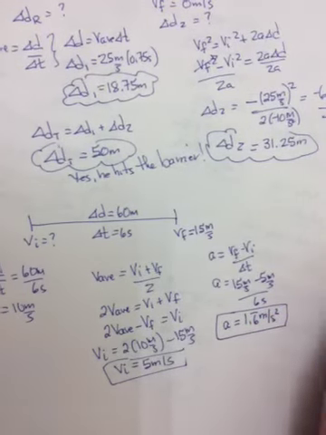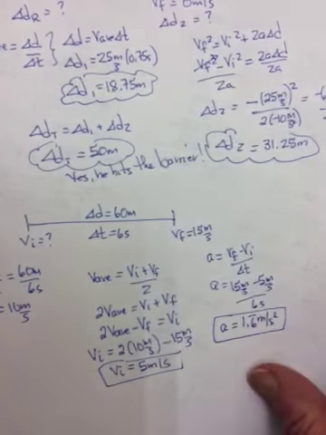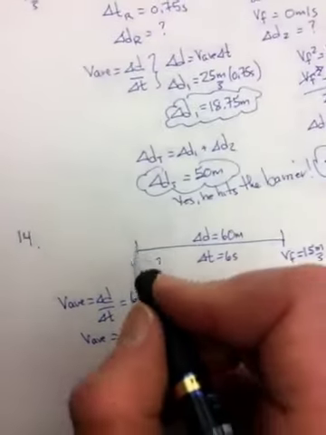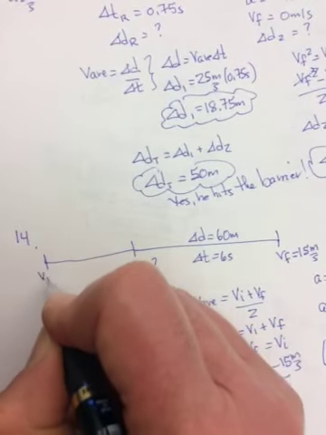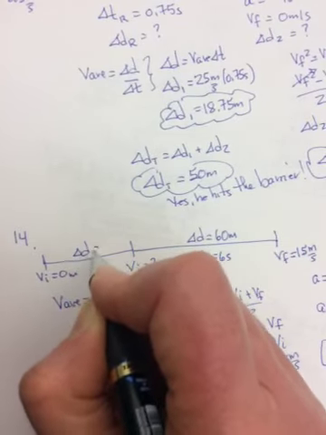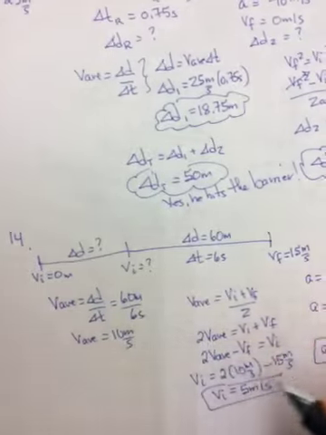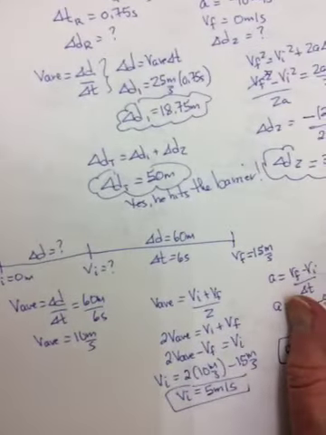All right, and C says, how far behind the first point was the car at rest, assuming it had the same acceleration in that section? So somewhere back here, the original VI was 0. And it wants to know what's this delta D. So we know this VI that we found, which was 5 meters per second, really it becomes now our VF.